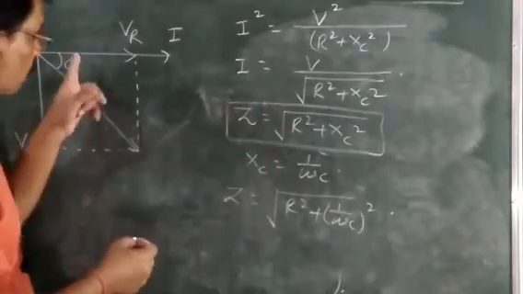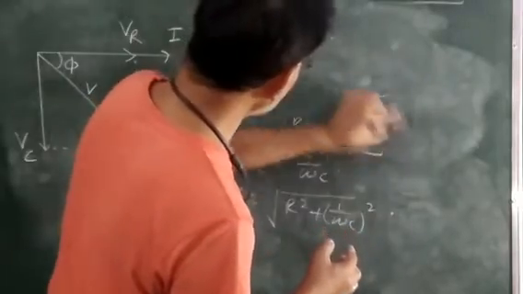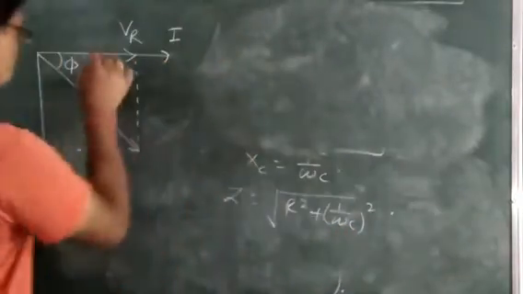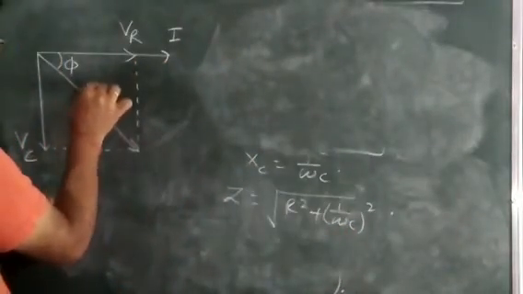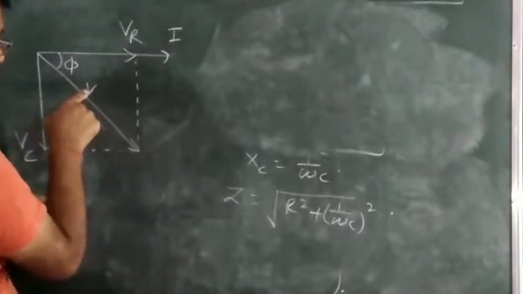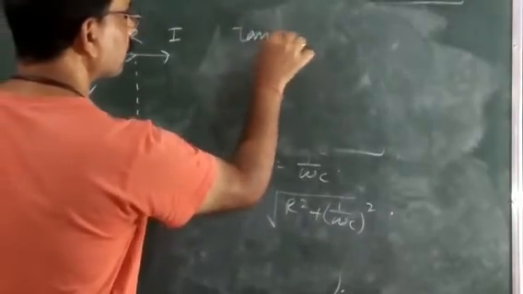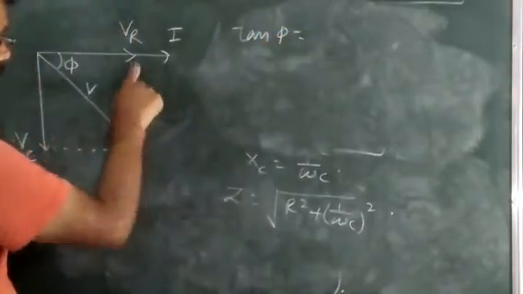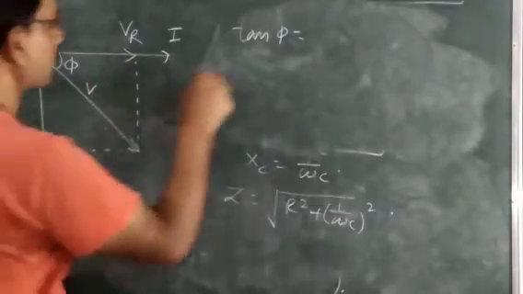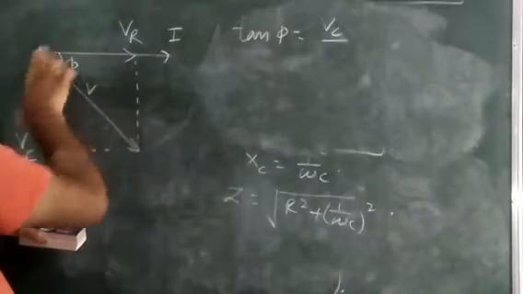And from this phasor diagram, the applied voltage V lags behind the current I by phase angle phi. So we can write tan phi is equal to perpendicular upon base, which is VC upon VR.